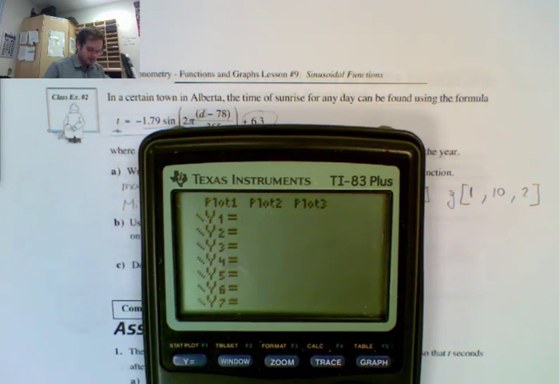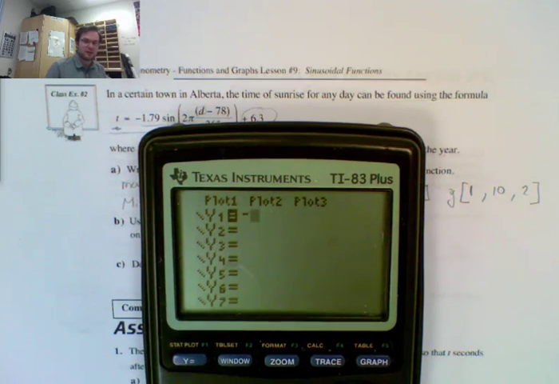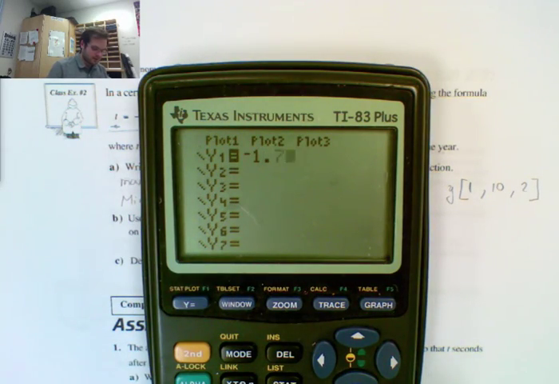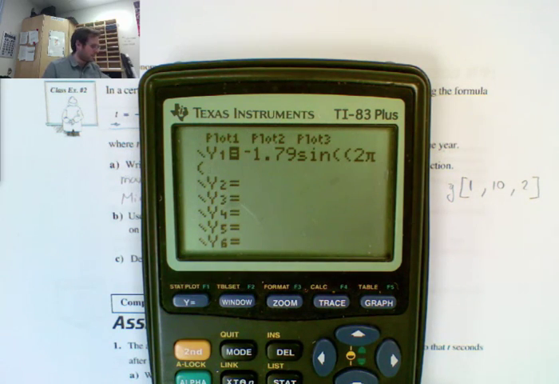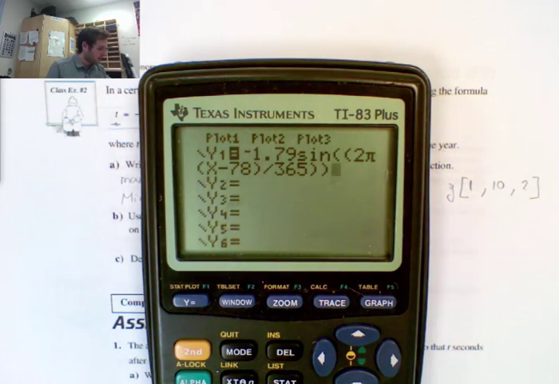So we want negative, make sure you use the negative, not the subtract sign, 1.79, and we're going to have sine, bracket, and I'm going to put another bracket, 2 pi, bracket, and then we're going to go d, so x minus 78, and then we're going to divide that by 365, and close the brackets, 1, 2, 3, and I want a plus 6.3, and I'm going to graph it.